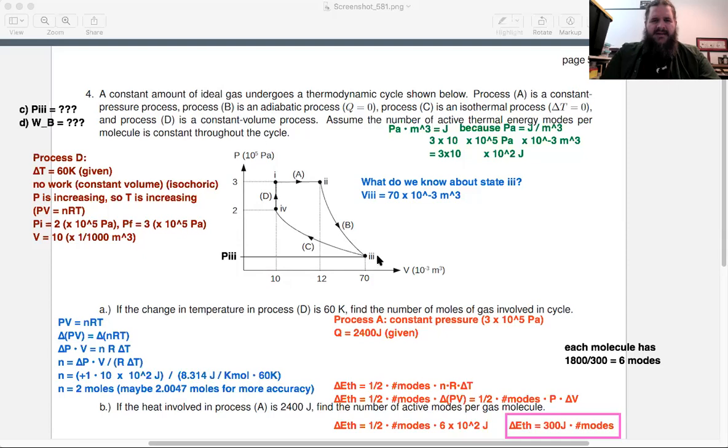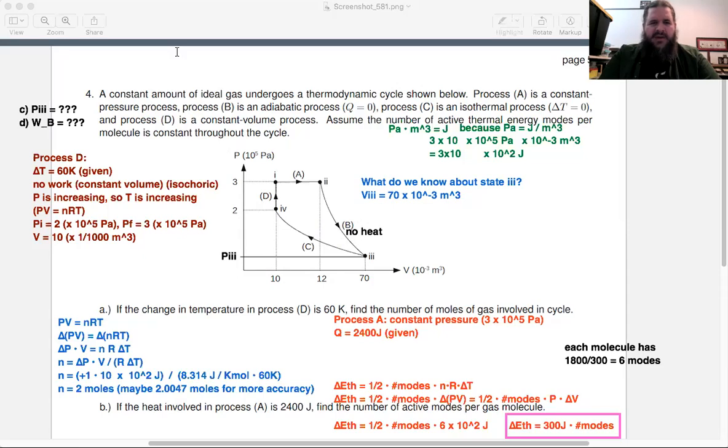Process B has no heat. Does that mean there's no change in anything at all? Does no heat mean it's a closed system? Right. No heat doesn't necessarily mean no work.